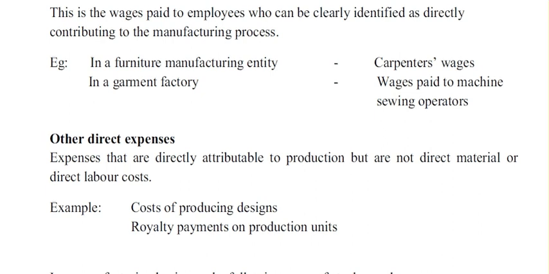As an example, the cost we have to pay for the designers. If it is a furniture manufacturing entity, for the furniture designers we have to pay some amount of money. That should be considered as other direct expenses, which we can term as royalty payments on production units. If it is a garment factory, the designer charges can be considered as other direct expenses.